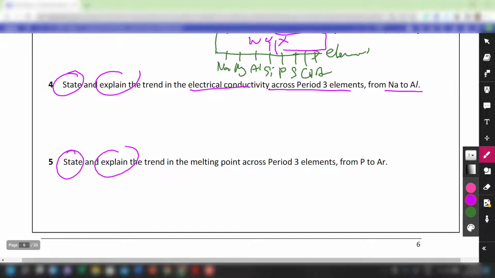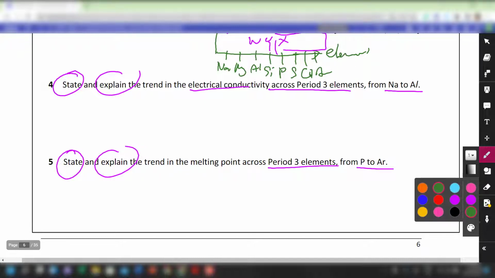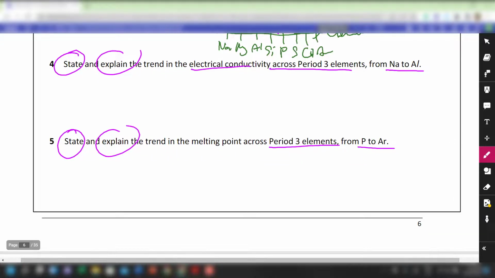States and explain the trend in melting points across period 3 elements from phosphorus to argon. We need to first write down the structure of phosphorus to sulfur to chlorine to argon. So phosphorus exists as P4, sulfur as S8, chlorine as Cl2, and then argon as argon atoms.